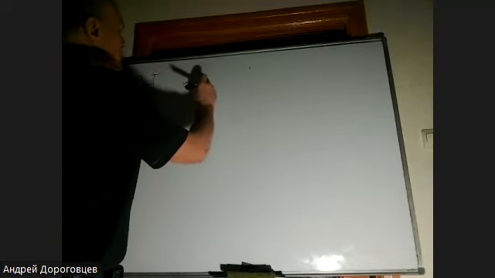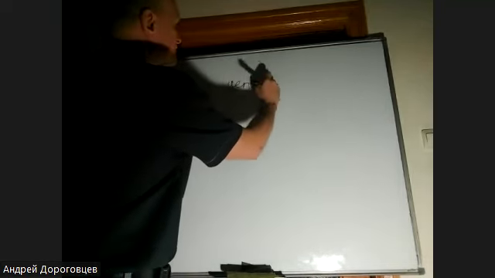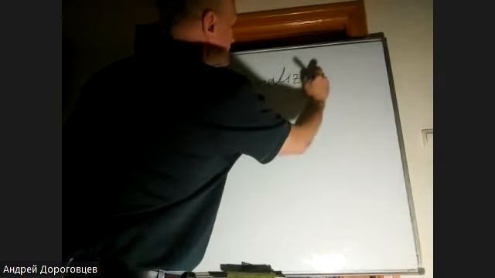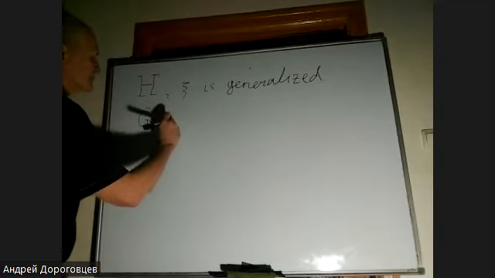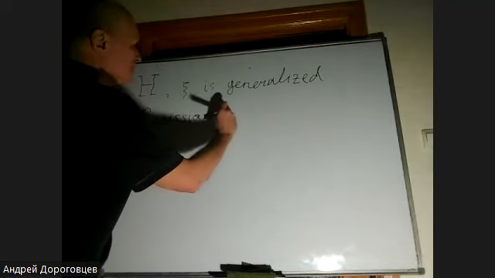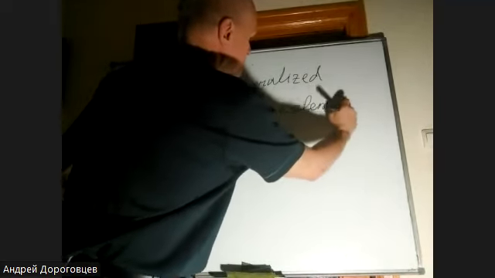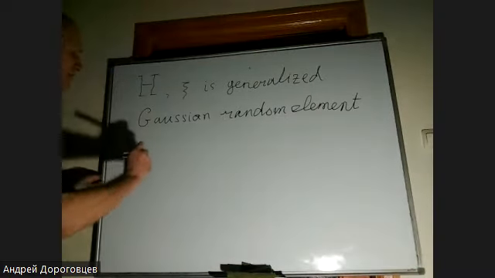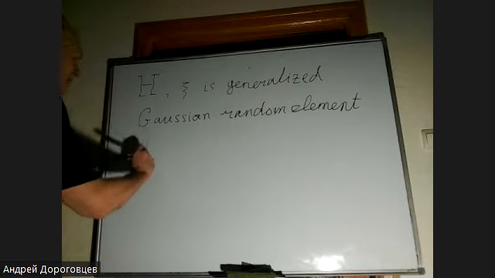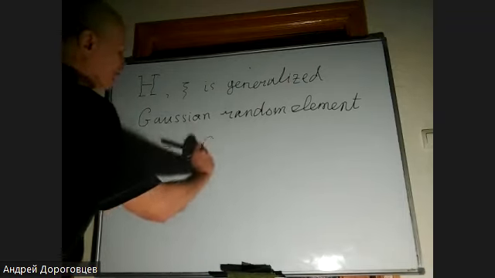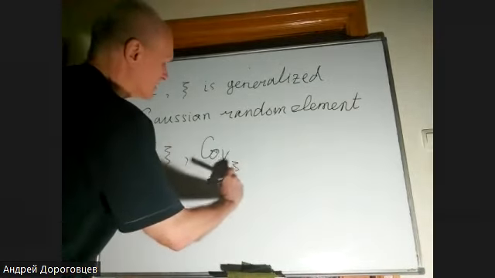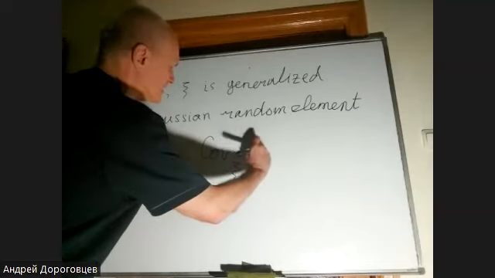So we considered a Hilbert space H, which is real and separable, and considered here a generalized Gaussian random element xi with zero mean, like we wrote, and covariance of xi equal to the identity operator.